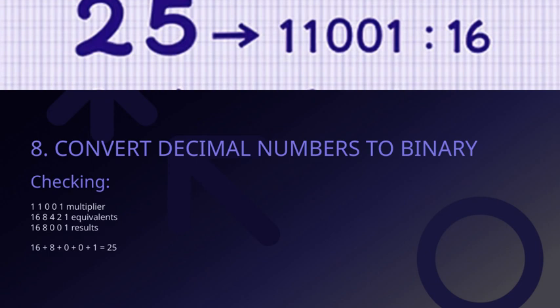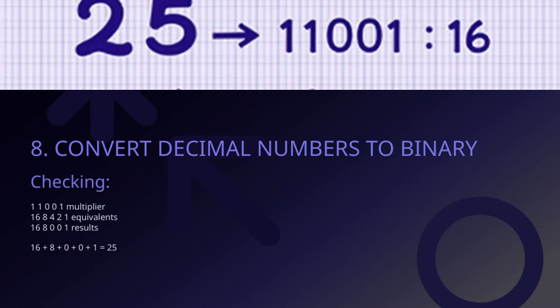To verify the conversion, we multiply each binary digit by its corresponding decimal value. For example, the first digit is 1, so 1 times 16 gives us 16. The next digit is also 1, so 1 times 8 equals 8. The following digits are 0, so their contributions are 0. The last digit is 1, which is 1 times 1, giving us 1.